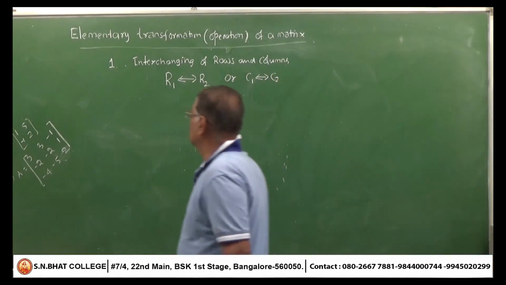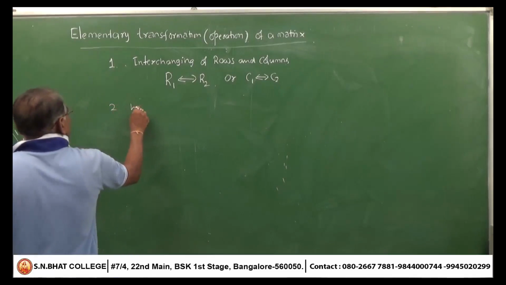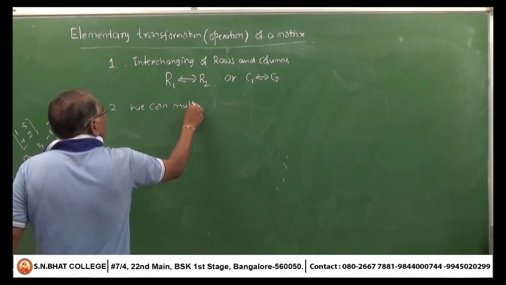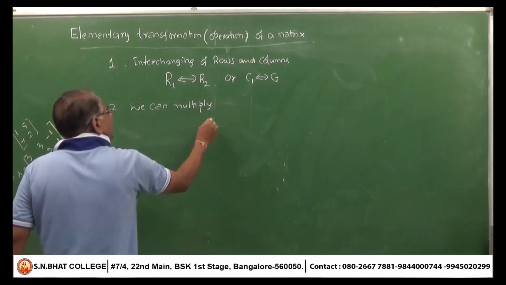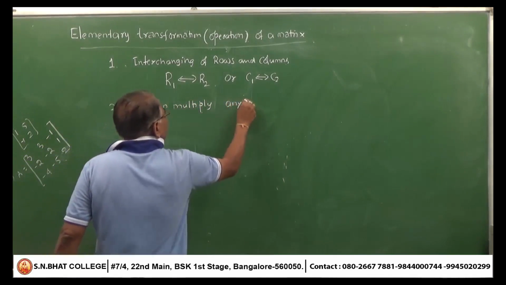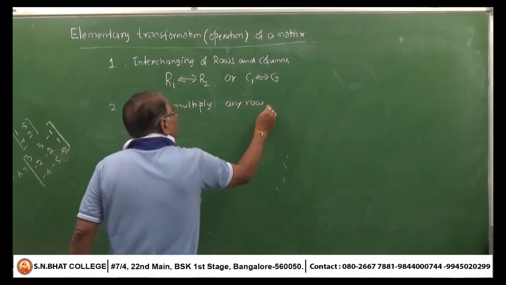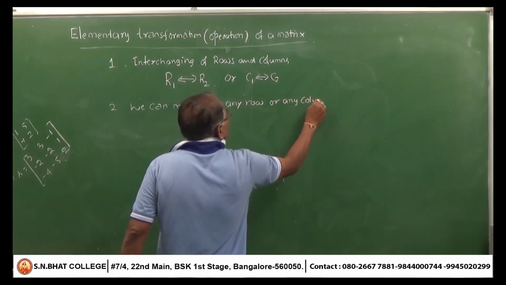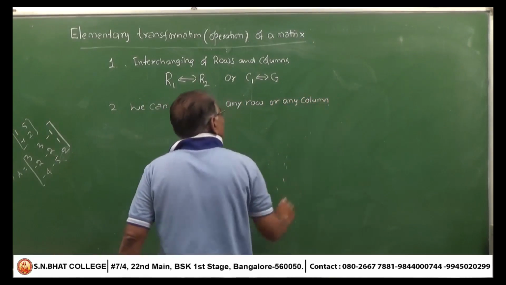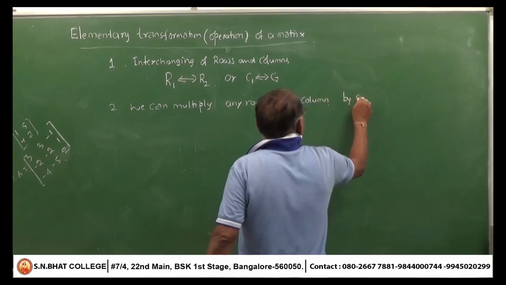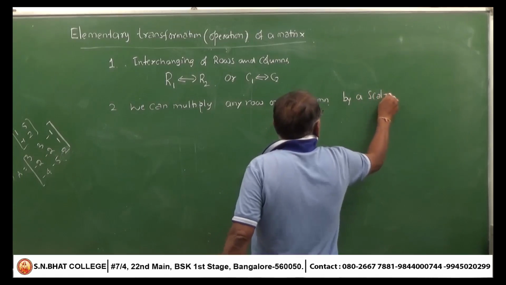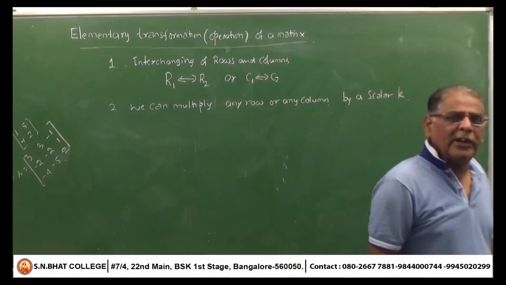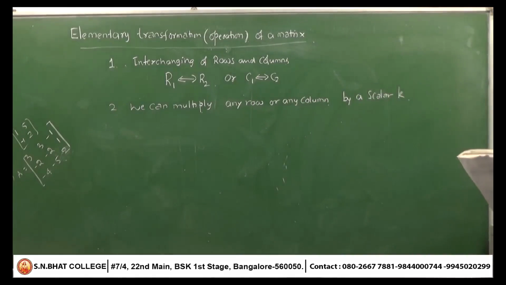Second one is, we can multiply any row or any column by a constant, by a scalar K. Scalar or constant both are same.